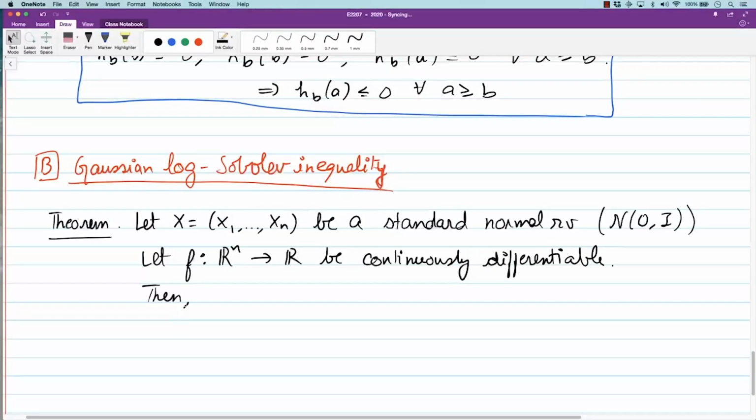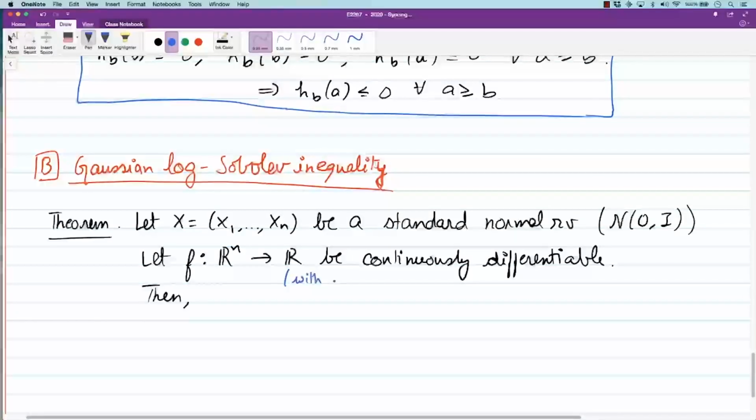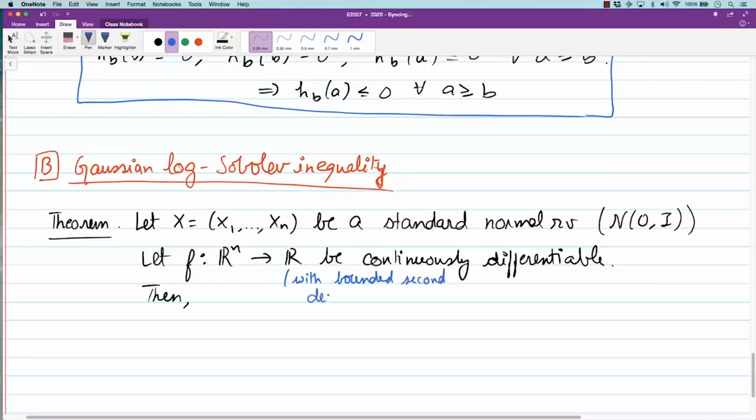Maybe we need more assumptions, such as a bound on the second derivative: continuously differentiable with bounded second derivative. That's the condition we used when we derived the Gaussian Poincare inequality.